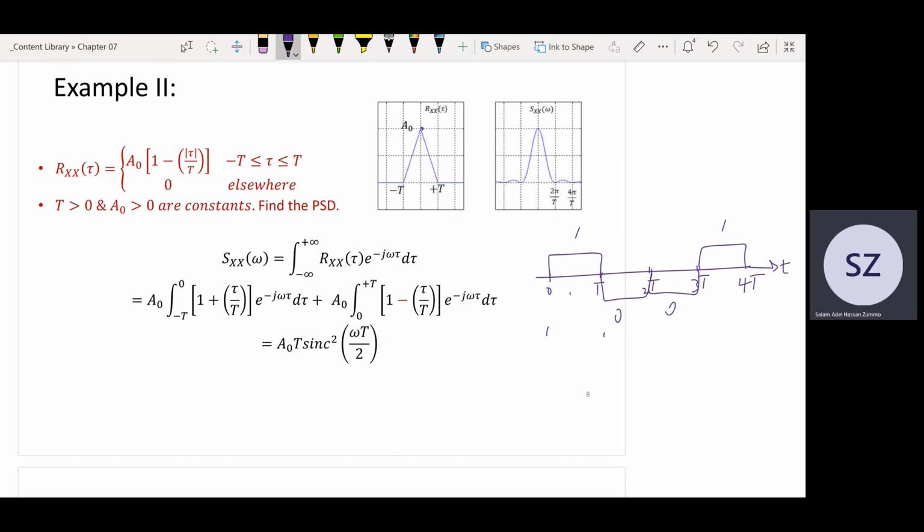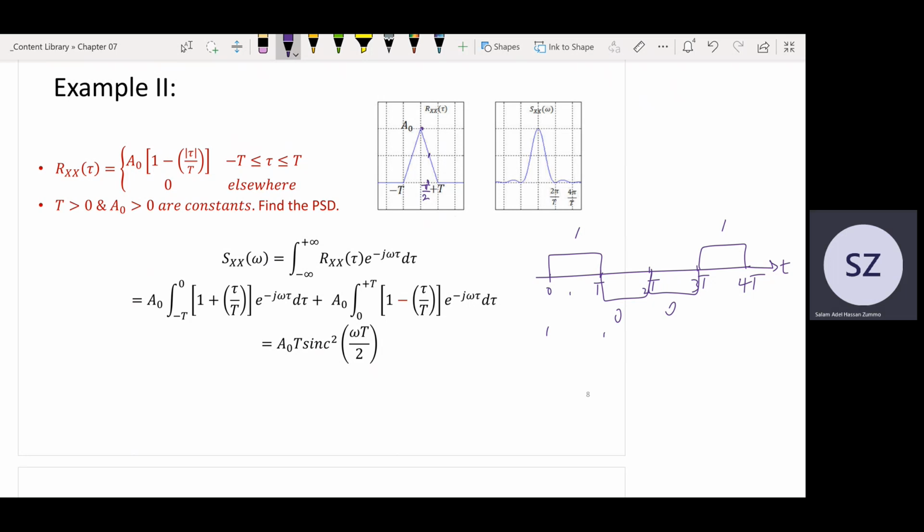Why? Because the duration of 0 is different from the duration of the pulse. You mean the bit? No, I am talking about the autocorrelation function. How do you know this? What is the autocorrelation function? What does it give you? What information does the autocorrelation tell you? How the signal is correlated with itself after tau seconds. So here, after half tau, half T over 2, this is the amount of correlation.